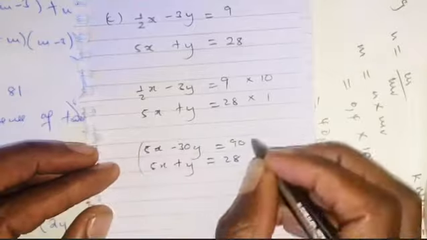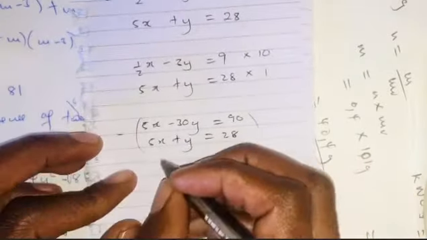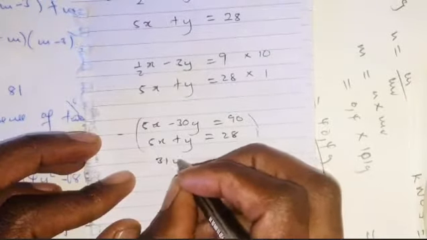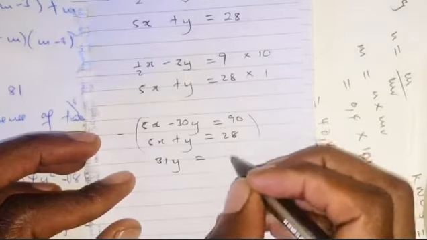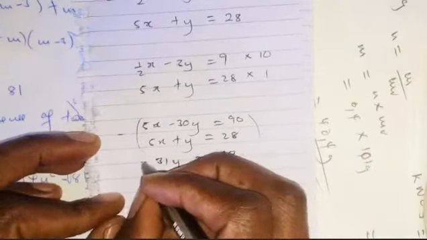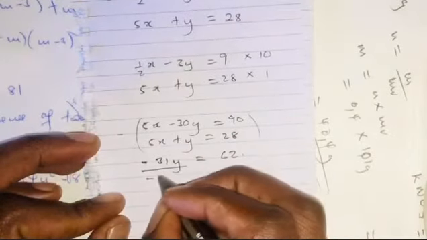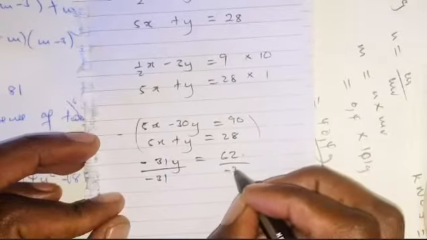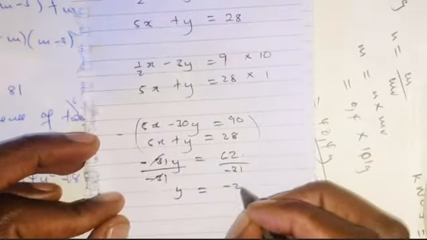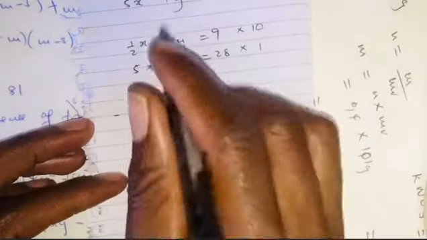Then if we subtract this expression, we get 31y is equal to 62. I mean minus 31, because we say minus 30 minus y. Then minus 31 over minus 31 and y will come out as minus 2. Then we move on to look for x.